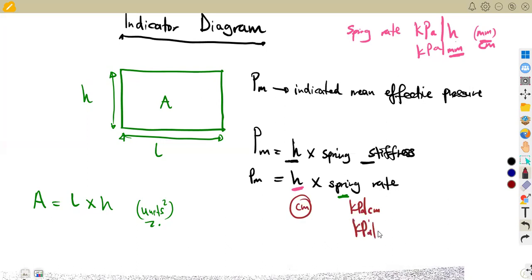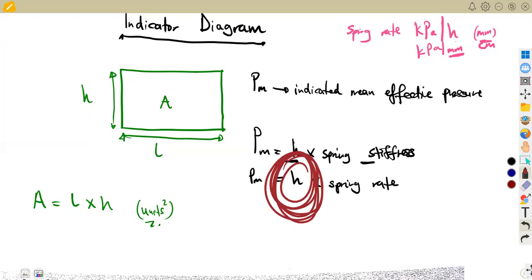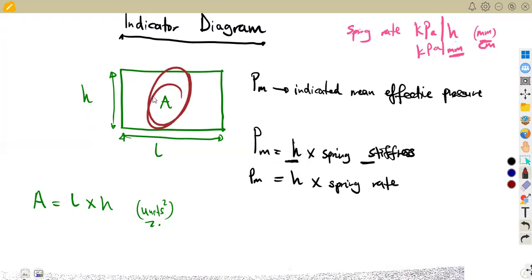Kilopascal per millimeter, your height must be in millimeters. That is the idea. But in most cases, they are not going to give you this height directly. If you're given the height, you just multiply and you're done. So they want you to find the height from the area and the length they give you. How is that possible?